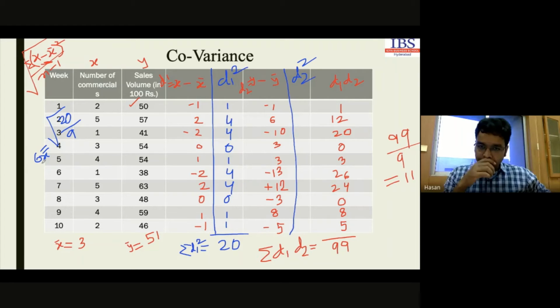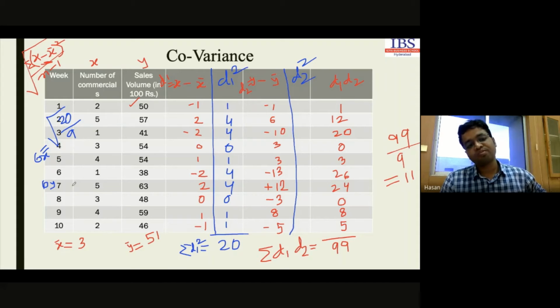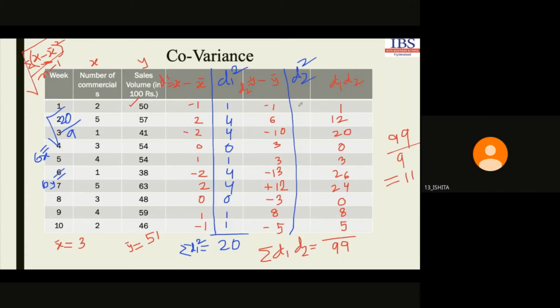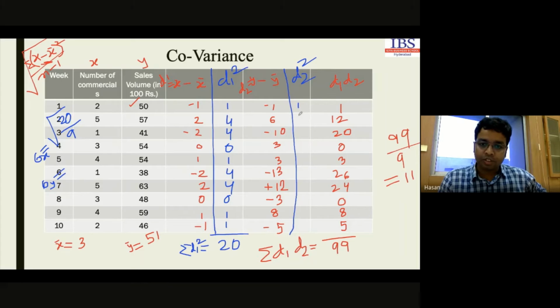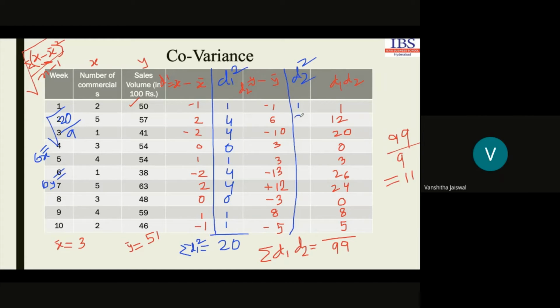Yes, sir. Then what about the standard deviation for y? We have to do the same thing. We have to take the square of y minus y bar, right? So if we take the square, it will be 1. Minus 1 squared will be 1. Then 36, 36.